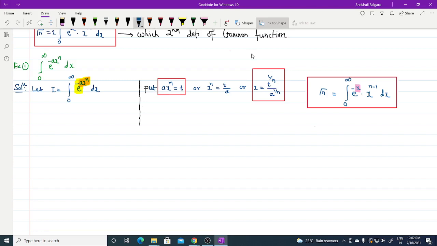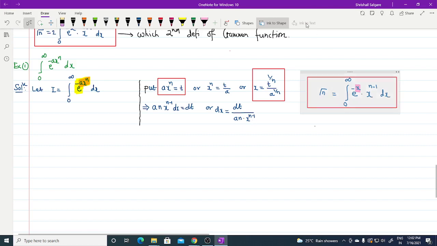So by differentiating, what you will get, a into n x raised to n minus 1 dx is equal to dt, or from this you can write value of dx is equal to dt upon a n into x raised to n minus 1.